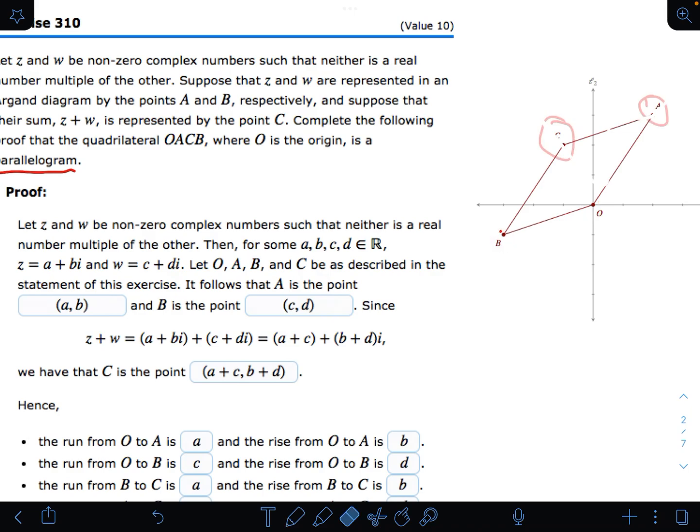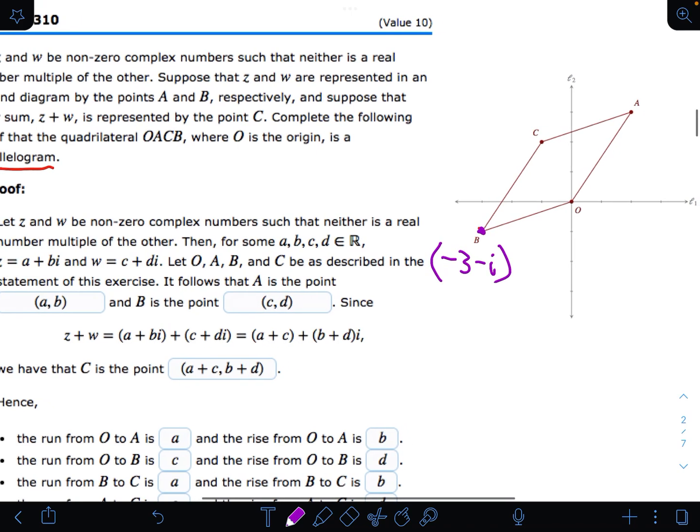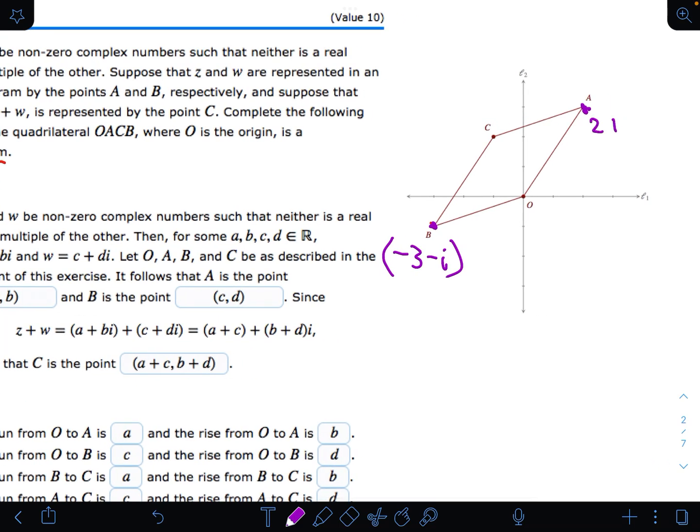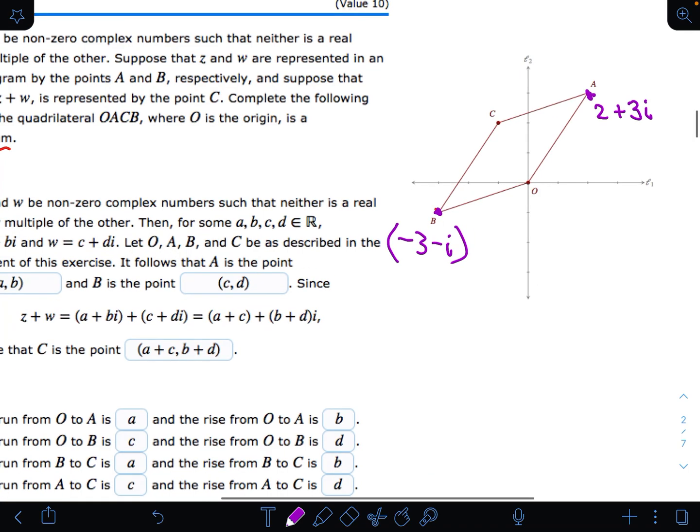So, for instance, let's say that on this particular diagram I've got negative 3 minus i for B. And then up here on A, let's call that 2 plus 3i. It looks appropriate, I think. So, what are the coordinates of C?